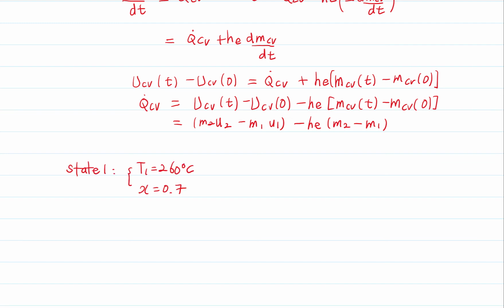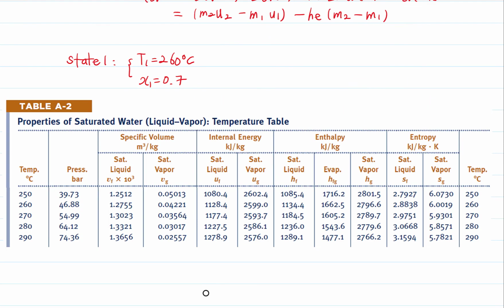So at state 1, temperature and quality are given, so we use table A2 at 260 degrees Celsius. We are going to use saturated liquid and saturated vapor properties.